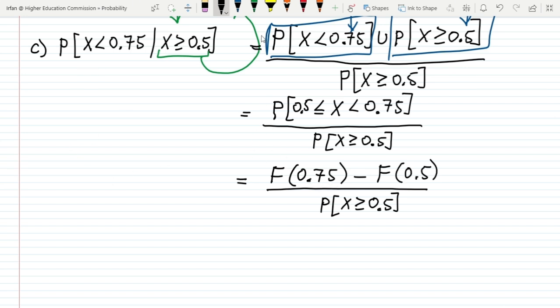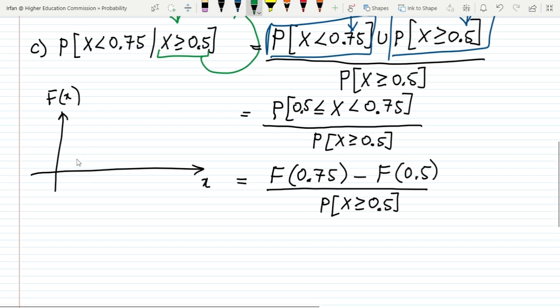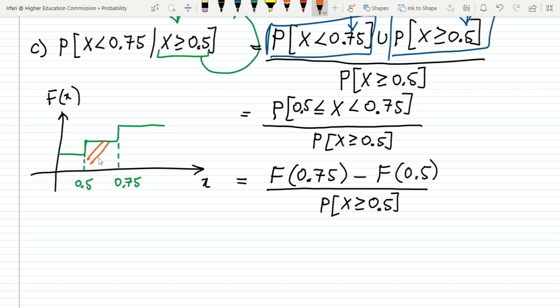And why did I do it? Because if I have a function here, let me say that this is the CDF and this is x, and in order to plot them here, I have this one 0.5 and this one 0.75. So in order to find this area here, I can subtract this area from this one.